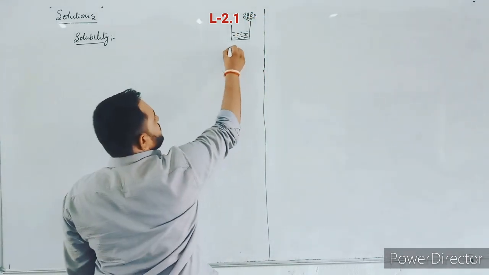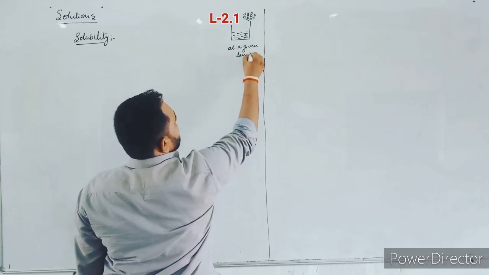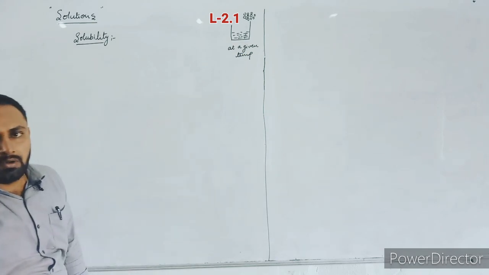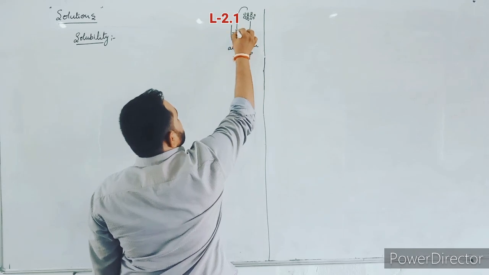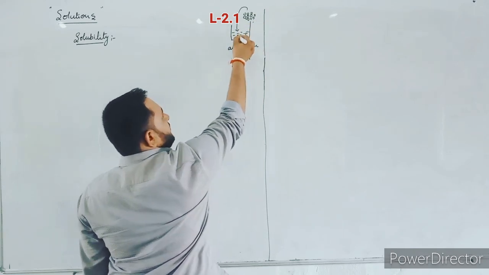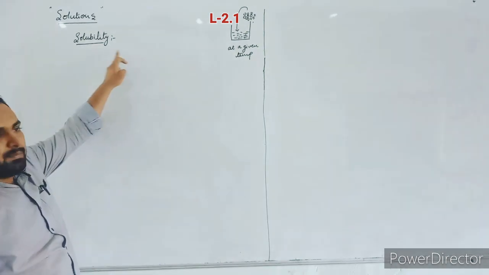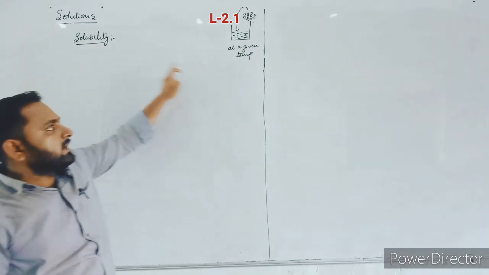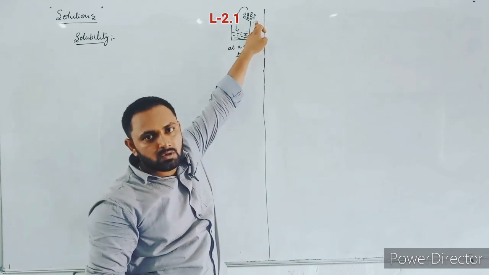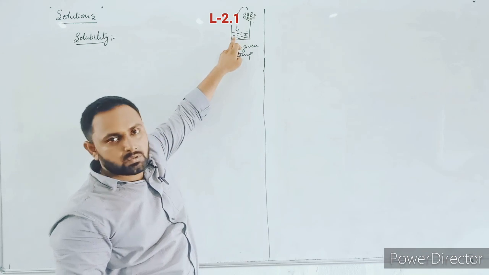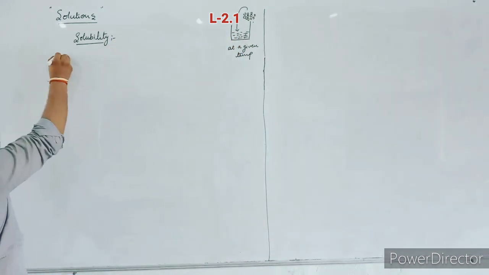At a given temperature, the maximum amount of solute that can dissolve in a given amount of solvent is called solubility. What is solubility? At a given temperature, the maximum amount of solute that can dissolve in a given amount of solvent is called solubility.